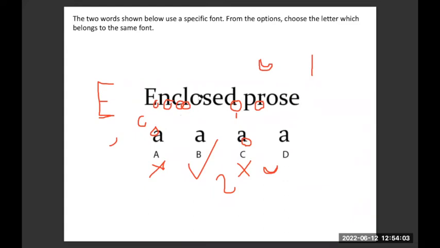But for option D, it is going the other way around. So the assumption I took here was that wherever the letter ends with a continuation like this, the ending will be like what is seen in options C and B. And that's why I chose option B, which also happens to be the correct one.